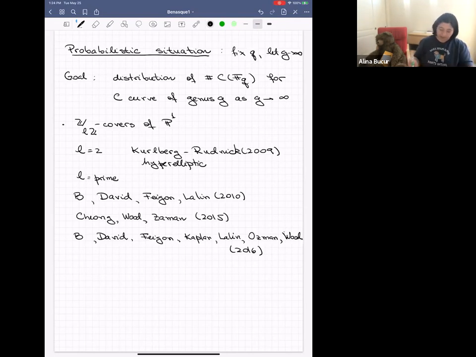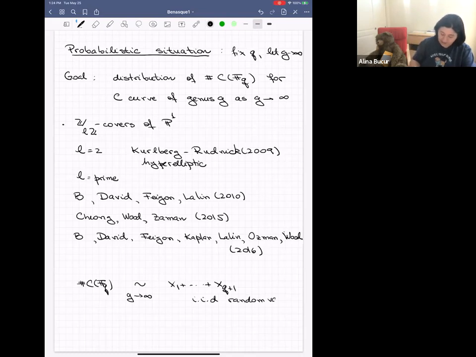And I should make clear why I call this a probabilistic situation, basically because the number of points on a curve C, as G goes to infinity, is going to approach a sum of exactly Q plus 1, which is the number of points on P1 over F_Q, IID random variables, independent identically distributed random variables. And they take the values, so in this case, they are Z mod LZ covers.